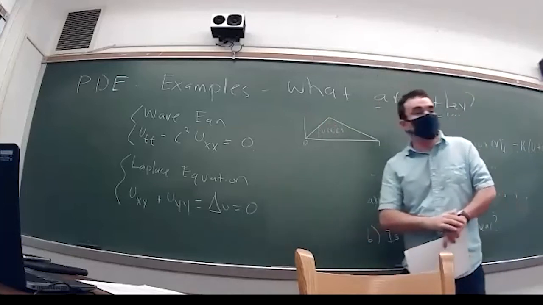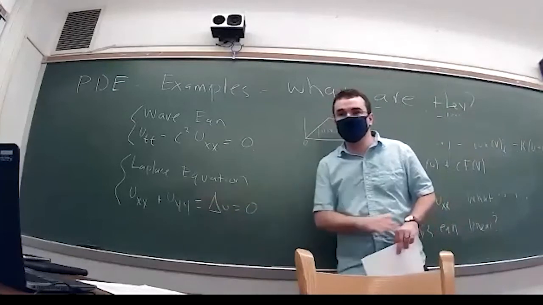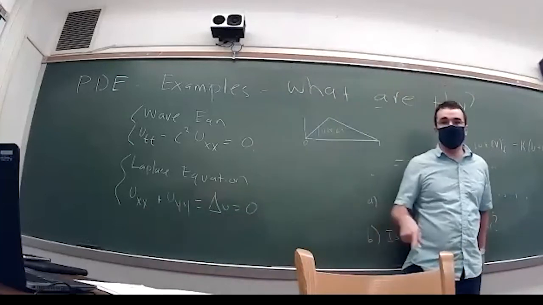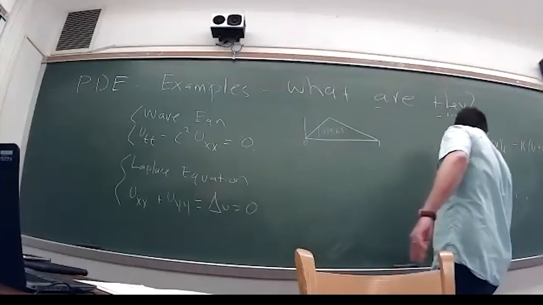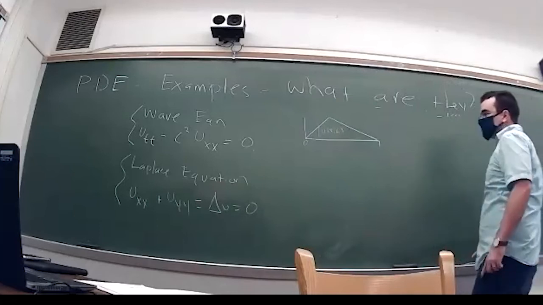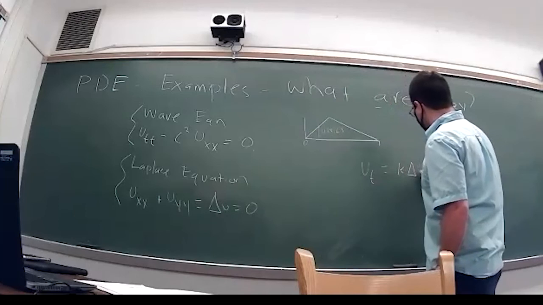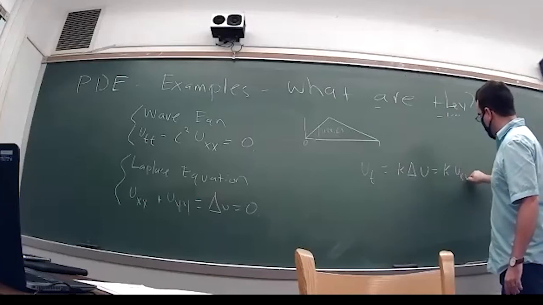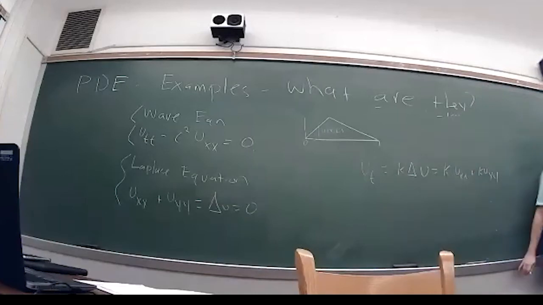And Laplace's equation, why do we care about that? You also use delta u to denote Laplace's equation. If you look at the corresponding heat equations, consider now the heat equation in two spatial variables.